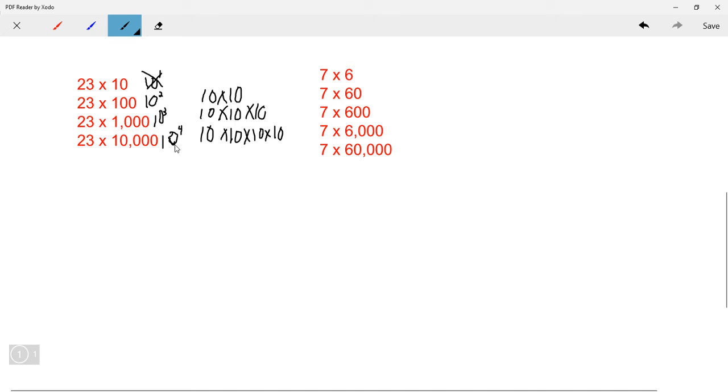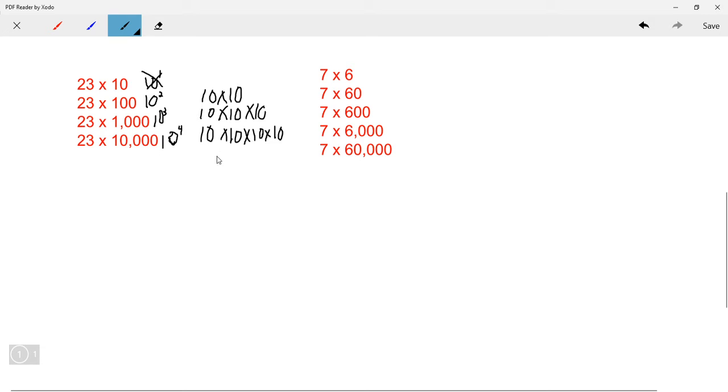Now, what this means for powers of 10 is that the exponent is how many zeros come after the 1. So 10 to the 1 power, you wouldn't really write that, is just 1 with one 0 after it. 10 to the 2, or squared, is 2 zeros. 10 to the 3 is 3 zeros. 10 to the 4 is 4 zeros, right?